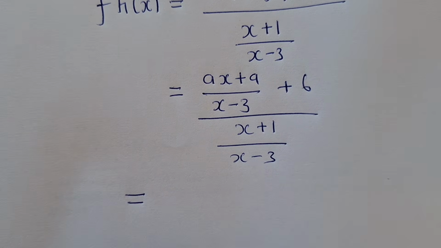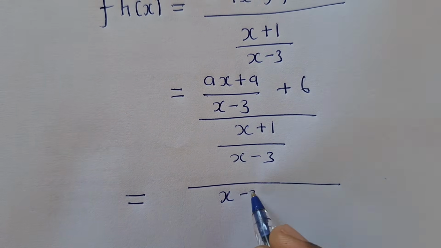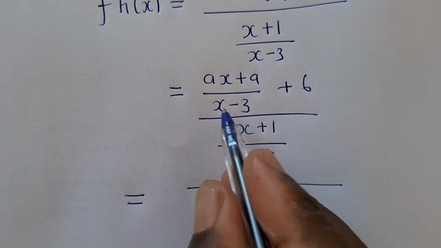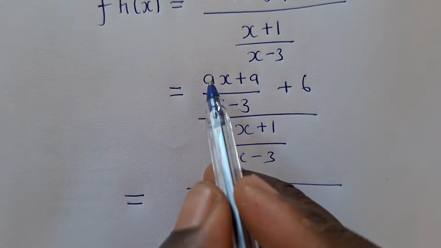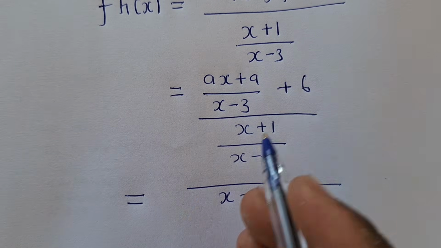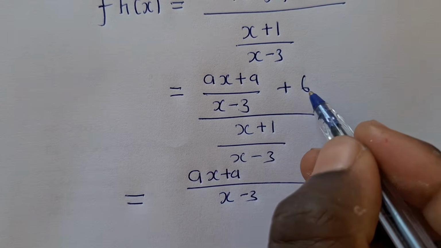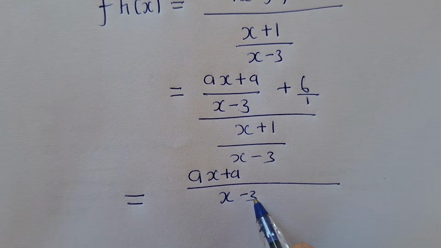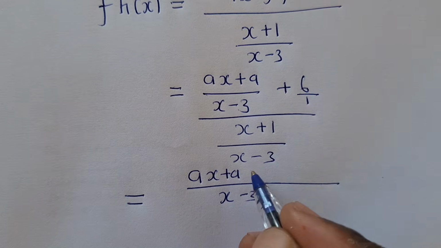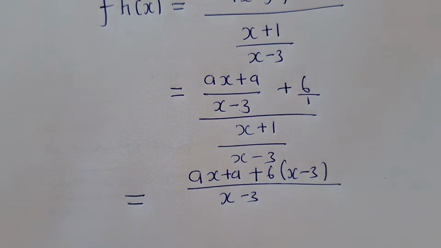From this stage, of course, we can find the lowest common denominator up here, which is x - 3. So x - 3 into x - 3 will give us 1. 1 times a(x + 1), that is ax + a. And then down here, there is a 1. 1 into x - 3 is x - 3. x - 3 times 6 will give us 6(x - 3). We multiply.